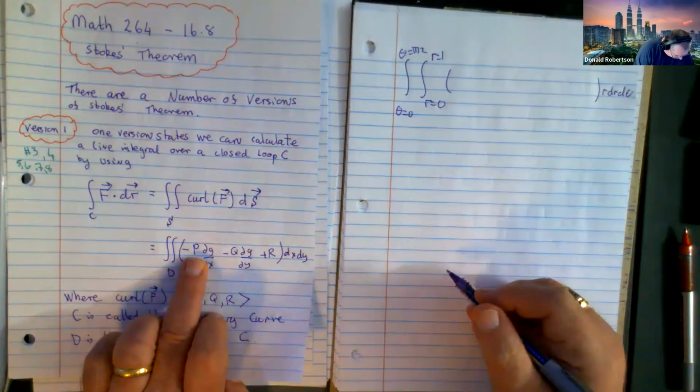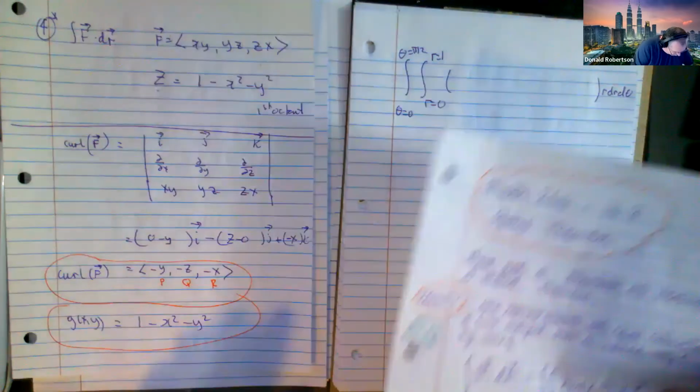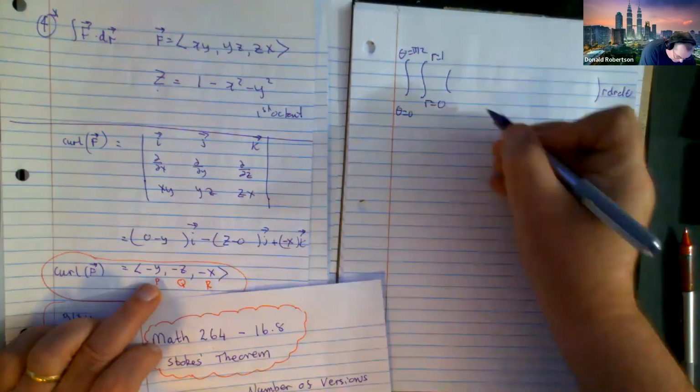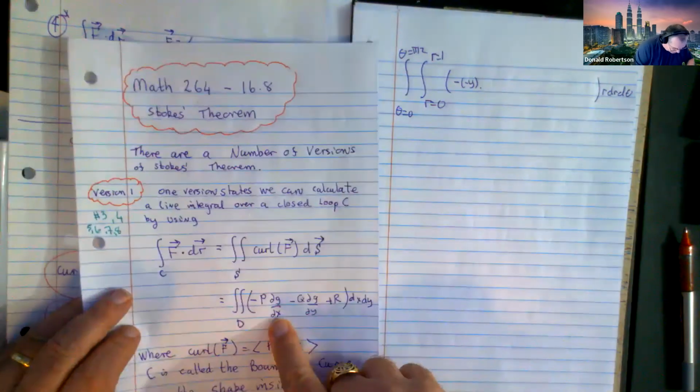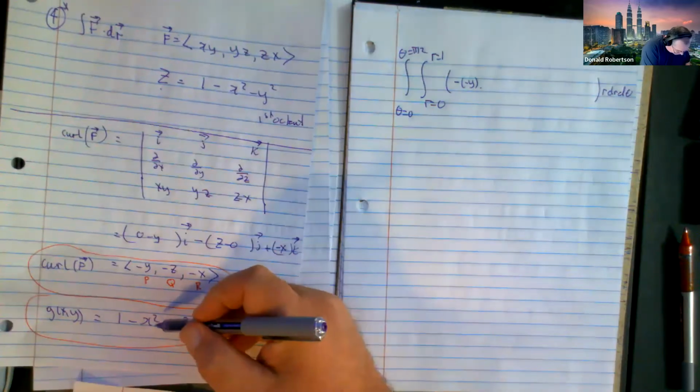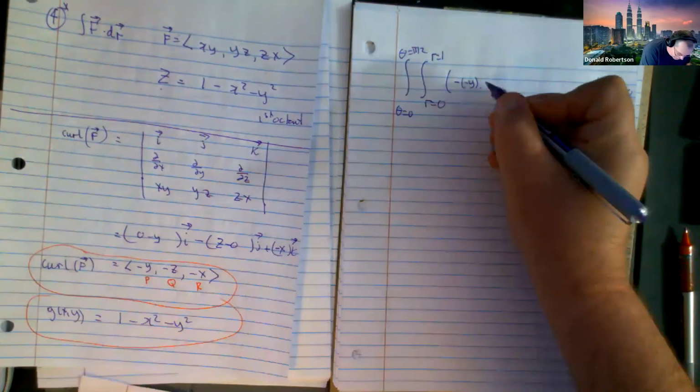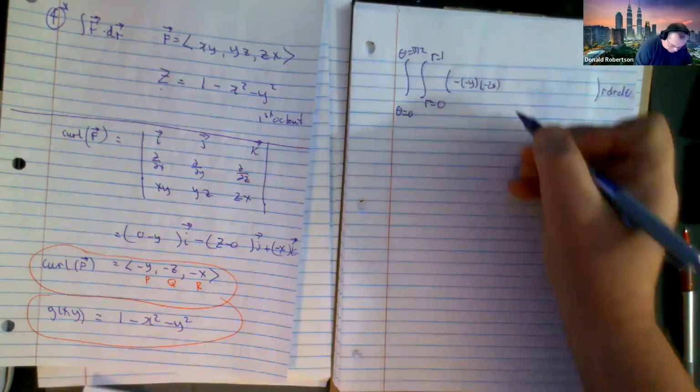We're going to do negative p. So that's p. So negative of p times dg by dx. If you take this guy and differentiate it with respect to x, you get negative 2x. That's the first one.